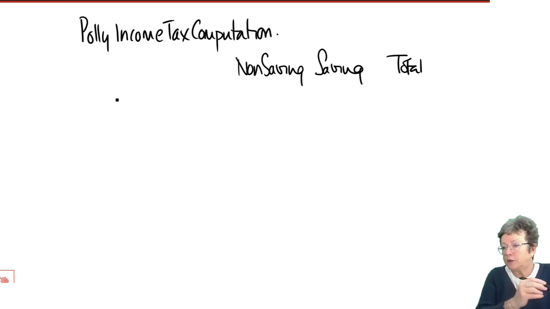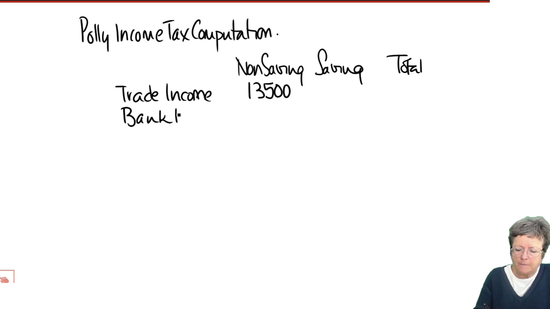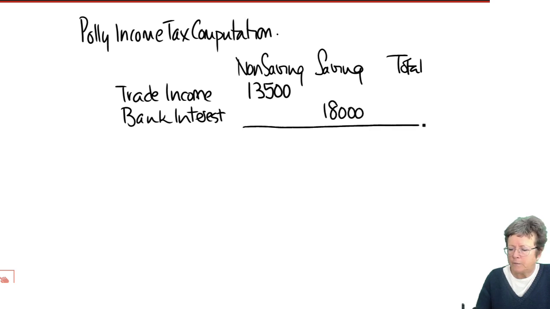Okay, we're going to copy the question into the answer. So she has trade income of 13,500 and she has bank interest of 18,000. So total all that up.